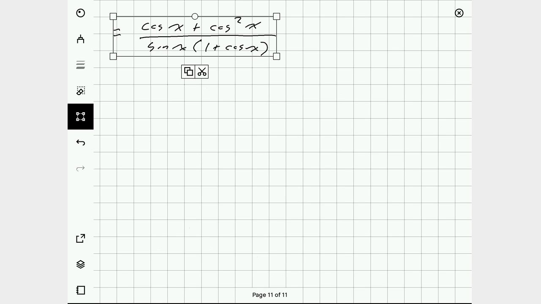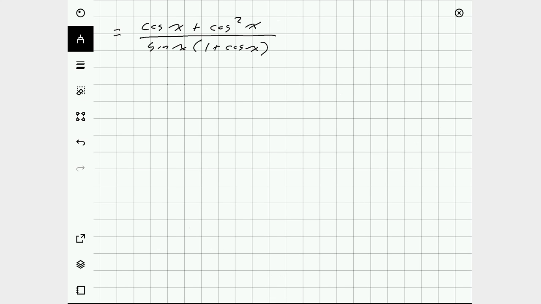All right, now that we have cosine plus cosine squared over sine times 1 plus cosine, I notice that there's a common factor of cosine that I can pull out in the numerator.